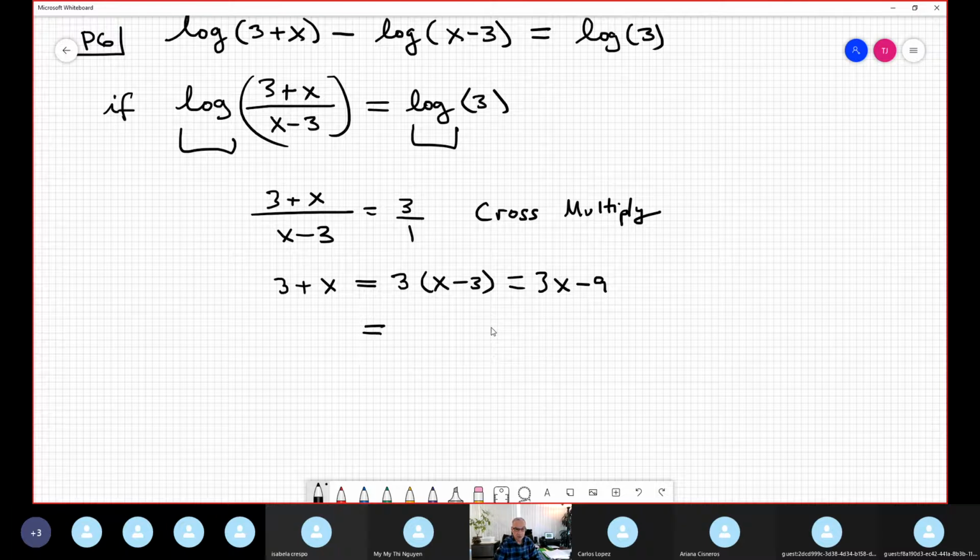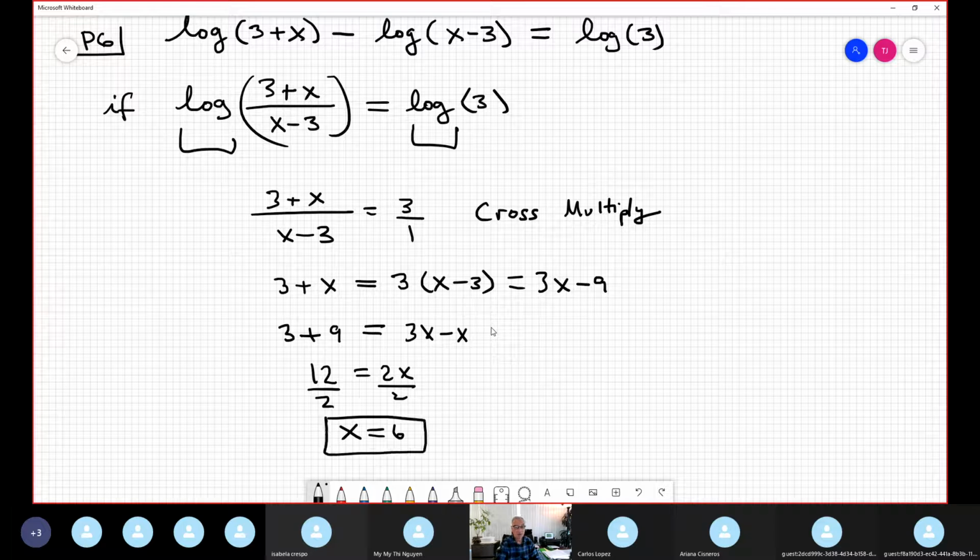So now I propose, for example, these 3 stay here, plus 9, I move to the left, and 3x stay here, minus x. This is 12, this is 2x, divided by 2, x is 6.